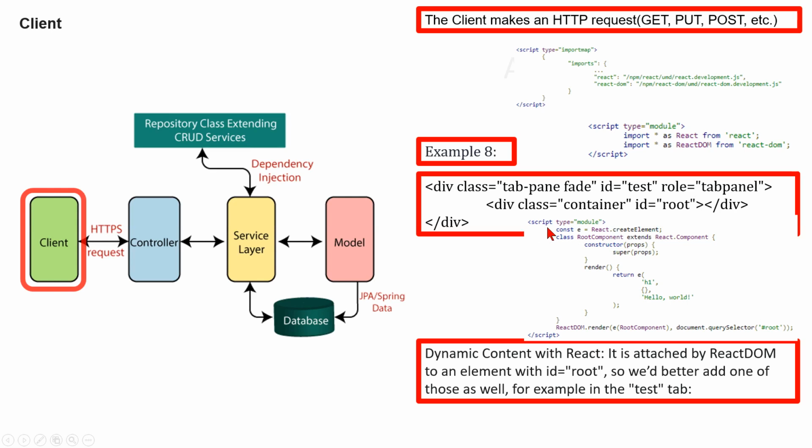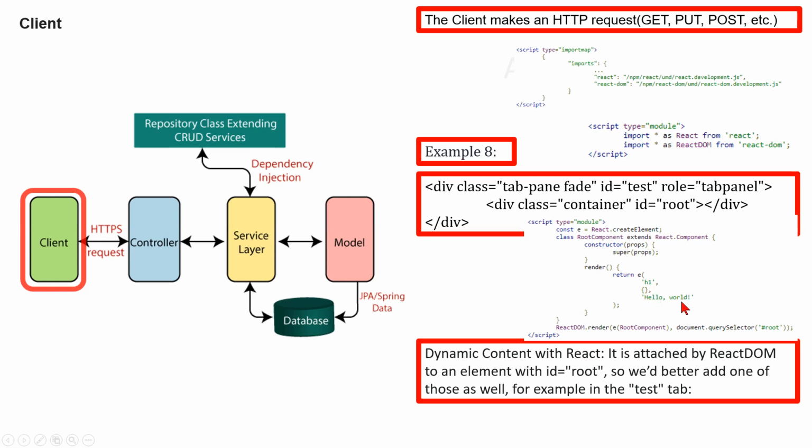For example, where we import Bootstrap, then we can define some content by creating a React component. Here's a really basic static example. The renderer method returns a function that creates a new DOM element, an h1 with content hello world.